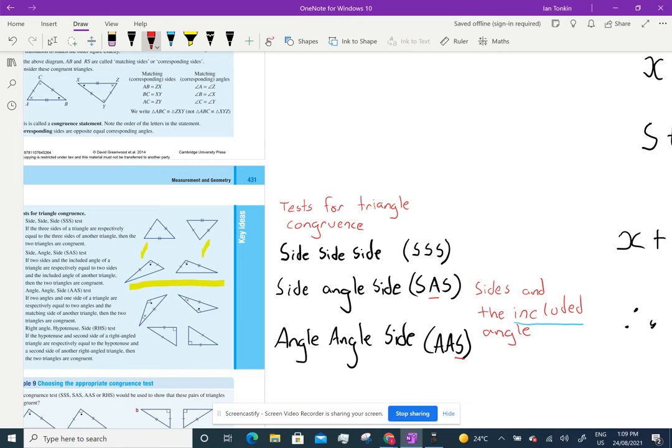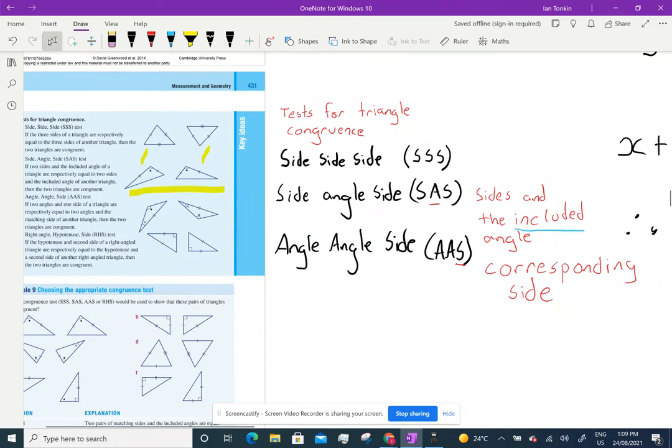So if you've got 2, you've got 3. But it must be the corresponding side. It must be the side that is in the right position. And you'll see somewhere we don't do that.